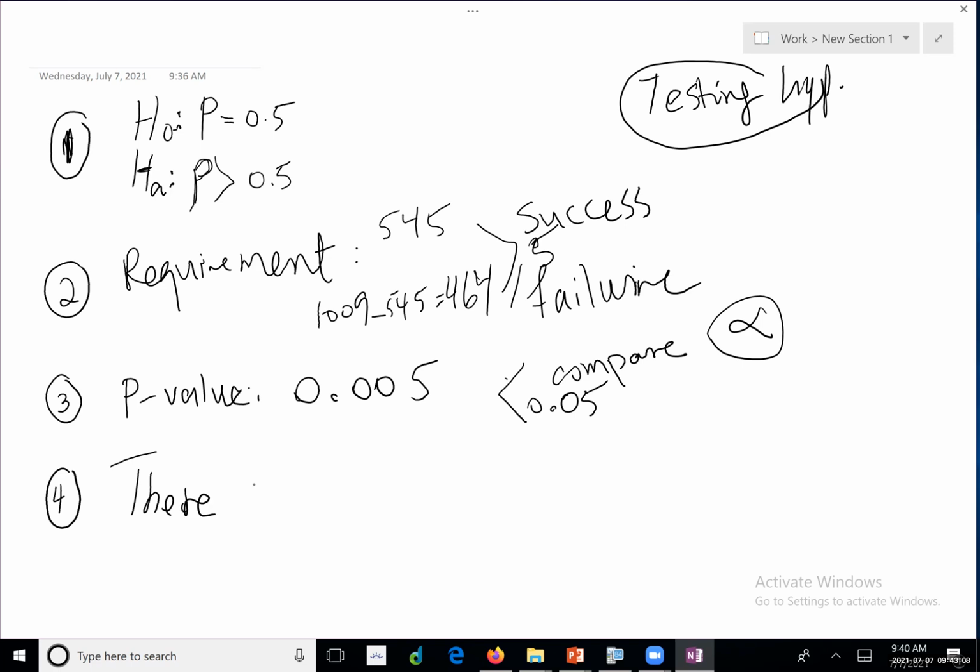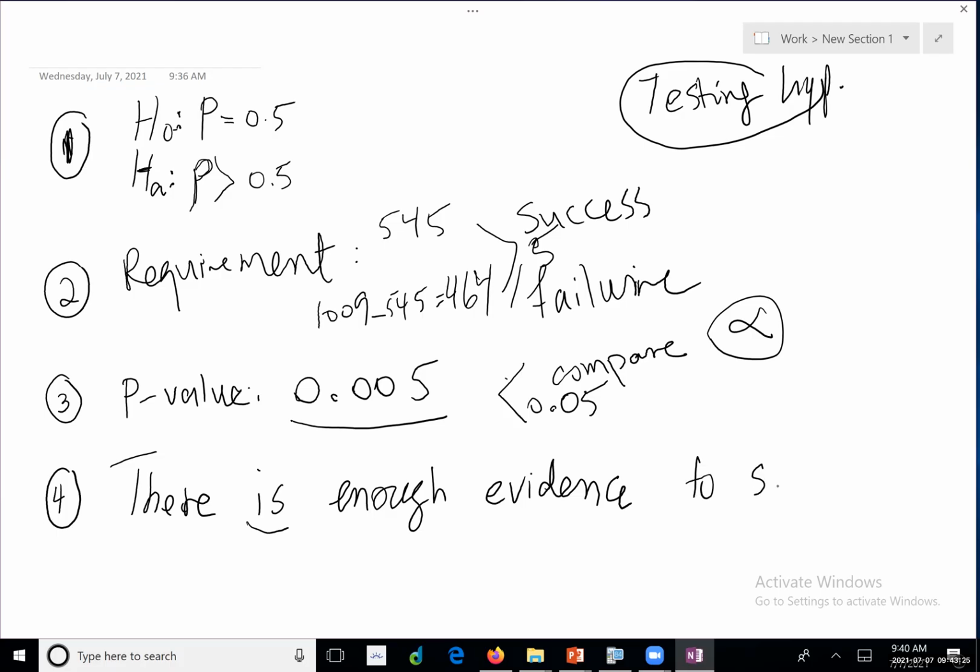You would say there is enough evidence to support, because it's less, then you would write whatever the claim was: majority of people.